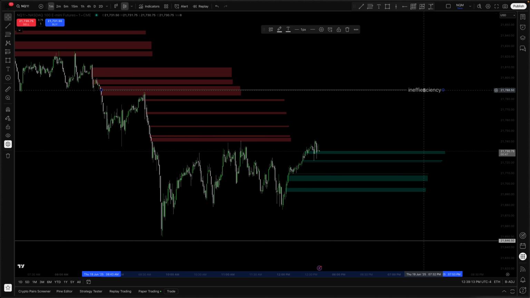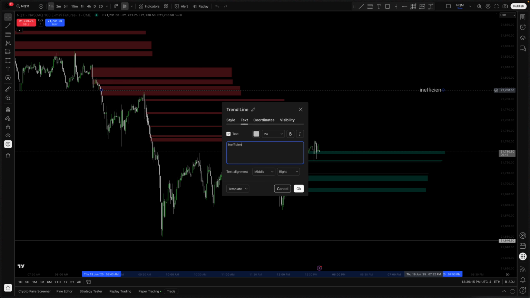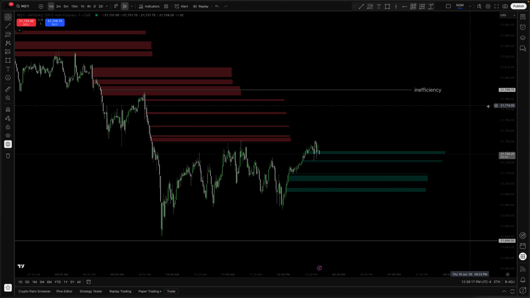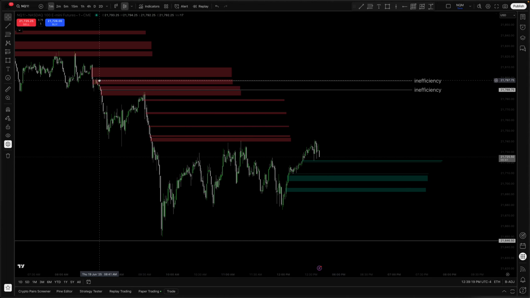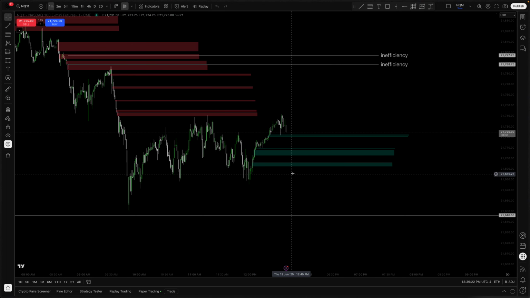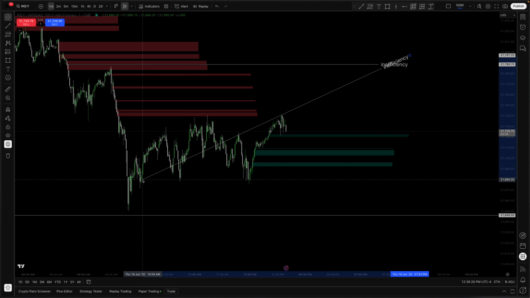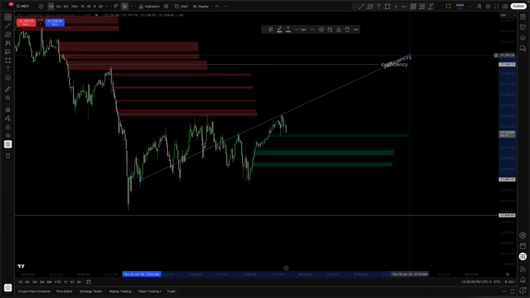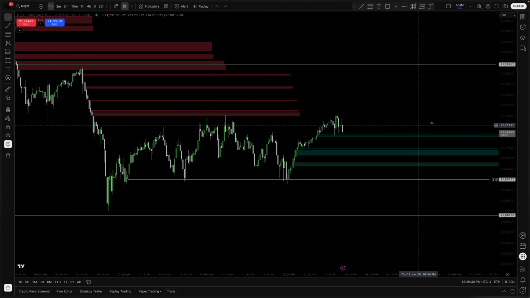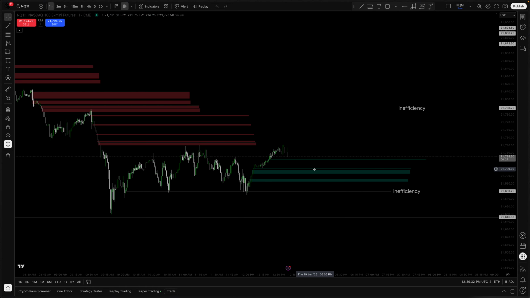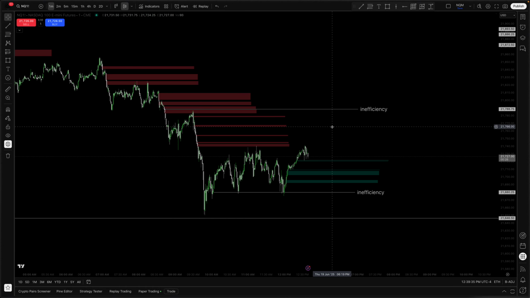Inefficiency, right? And there are no inefficiencies here, but for example, if this was not mitigated, this would also be an inefficiency, right? So if you can't figure out what's going to happen, just target any inefficiency, right?